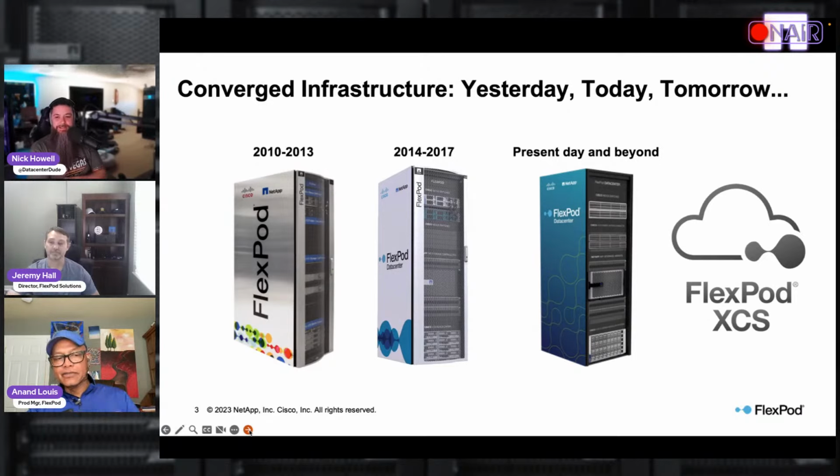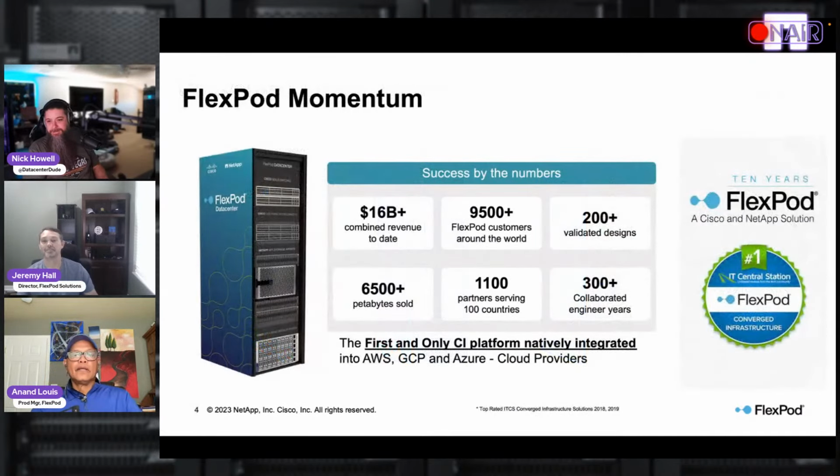And I don't want us to run out of time, so let's go through these if we can real quick. So this is a quick momentum slide. This is a 10-year-old partnership, and this is just to show how much we are jointly invested between Cisco and NetApp to continue the investment and the progression, adding more technologies, and most importantly, responding to what partners and customers are asking.